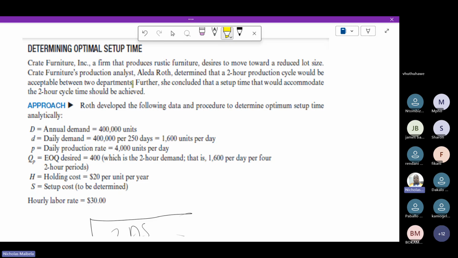Further, she concluded that a setup time that could accommodate the 2-hour cycle should be achieved.